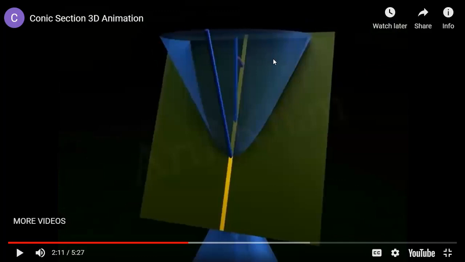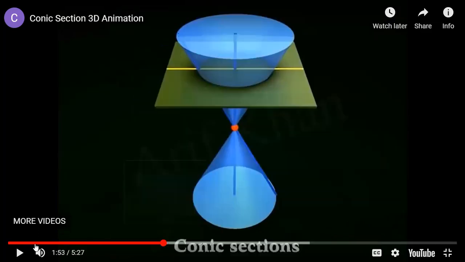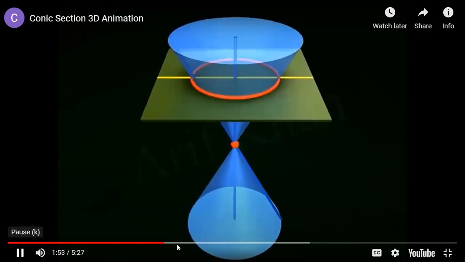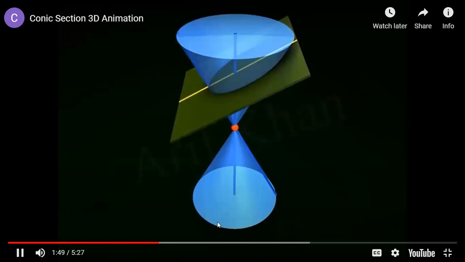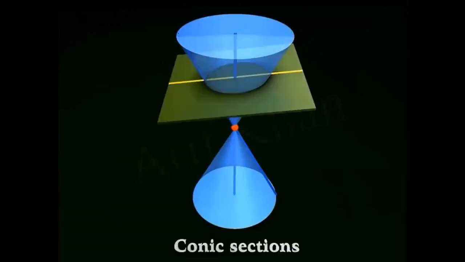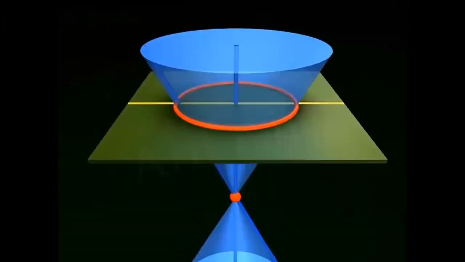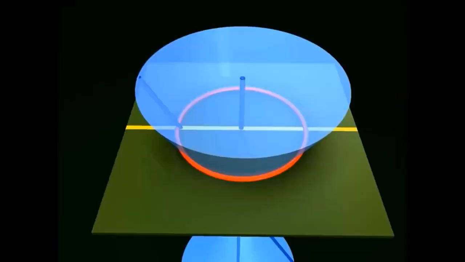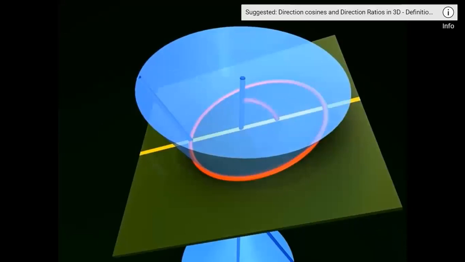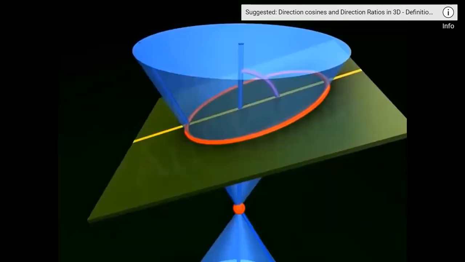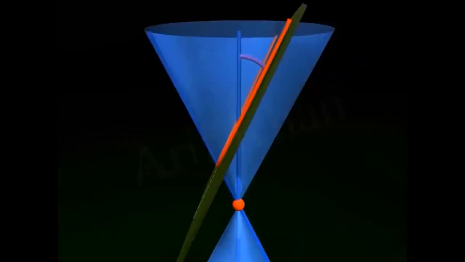Please watch this plane cutting very carefully.